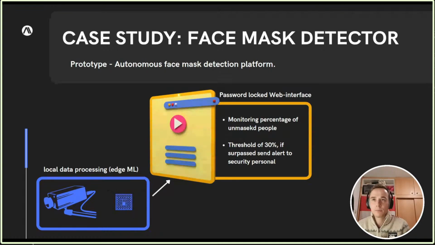The percentage of unmasked people is displayed, and let's say if a specific threshold of, for example, 30%, meaning 30% of the people that are looked at don't wear masks, is reached, then an alert is sent to the security personnel.